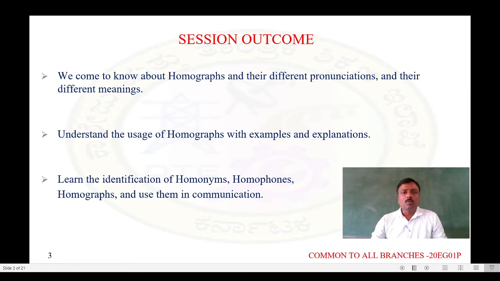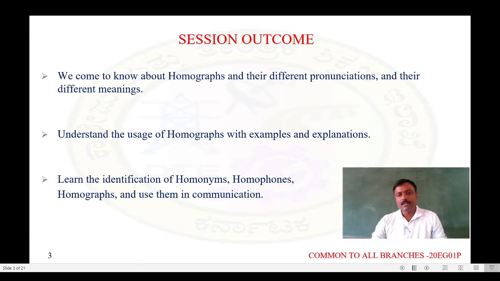Like homonyms and homophones, we will know about homographs and their different pronunciations and different meanings. So these three words have some different pronunciations and different meanings that we are going to know in this session, and we use homographs with examples and explanations.